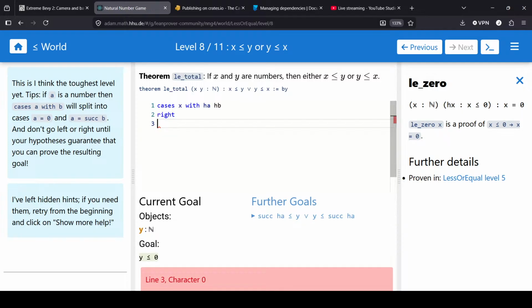So was it exact LE0 at... No. Why? No, it's not that. It's apply. Actually, my brain hurts. Wait, how does this work again?